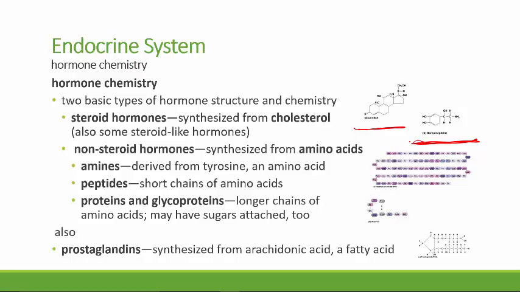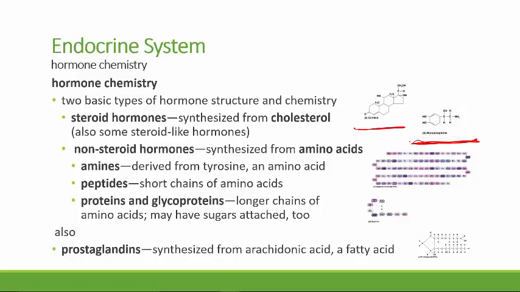Peptides are short chains of amino acids. We haven't really talked much about peptides, but peptides are amino acid chains anywhere from several amino acids long up to like 40, 60, even 90 amino acids. We could still talk about that as a peptide.